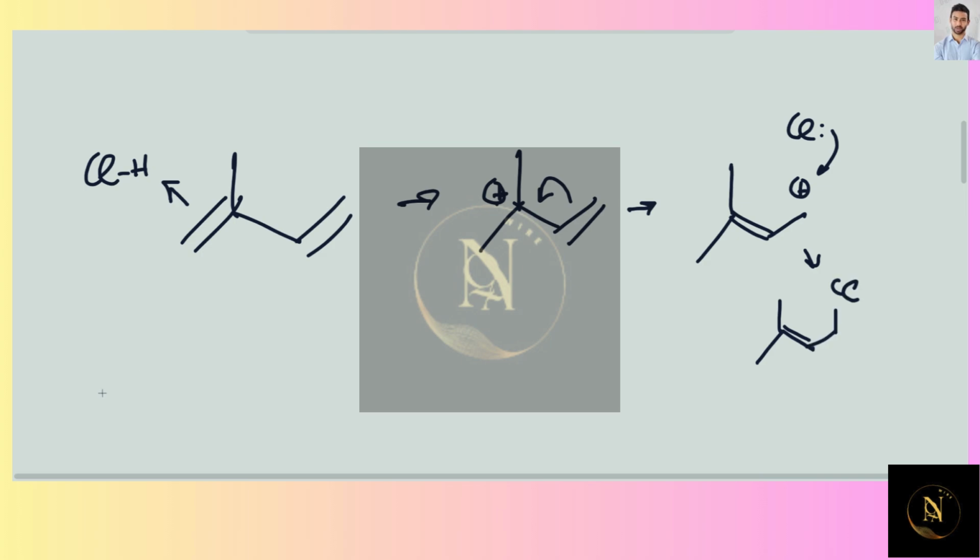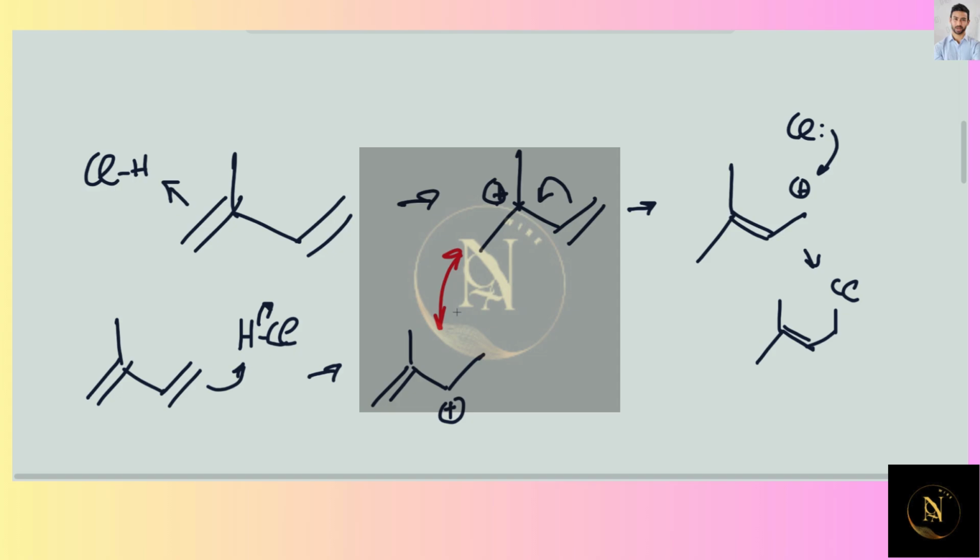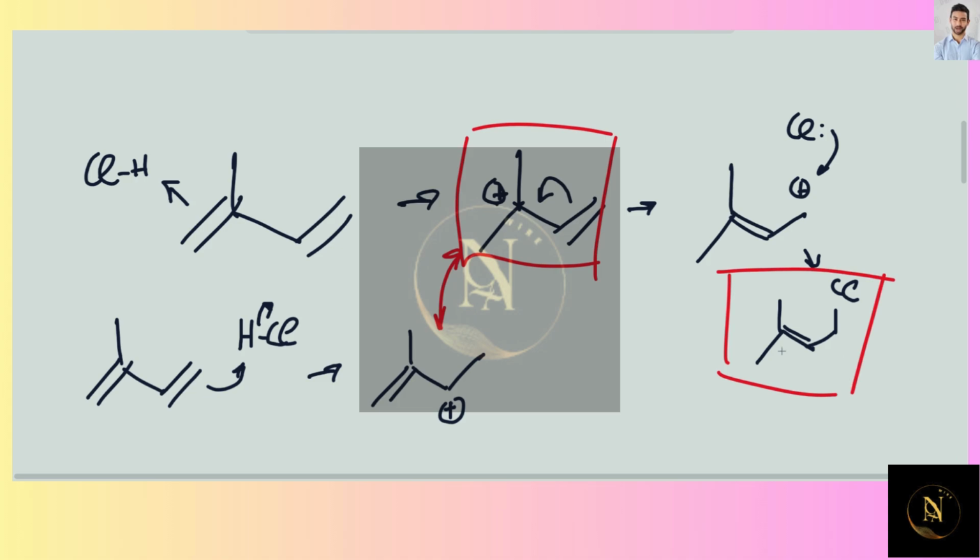Or the 1,4 addition can proceed beginning with addition of hydrogen to this double bond, yielding the following intermediate. And once again, we're comparing which of these is the more stable intermediate and more likely to be traversed through. And again, it's going to be this one. This is going to be the more stable of the two possible intermediates, and therefore the product that we get from this will be the more favored product. So this would be the major 1,4 addition product.